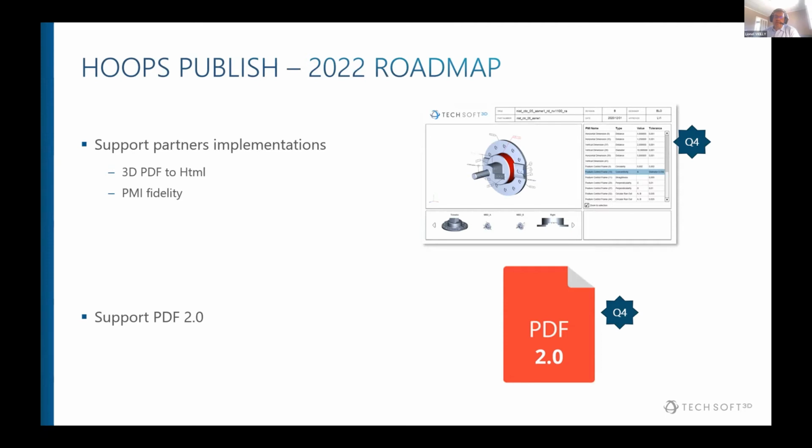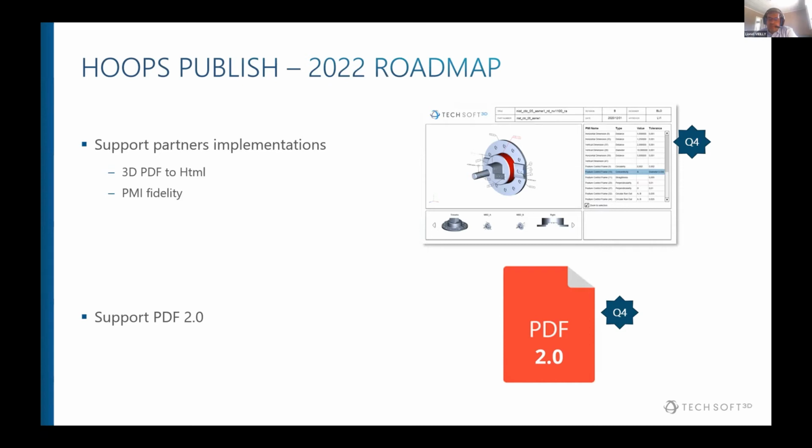And last, we will explore the support of the PDF 2.0 format. PDF 2.0 is an important milestone in the evolution of the PDF format. There have been some changes regarding the PDF standard intended for engineering documents.